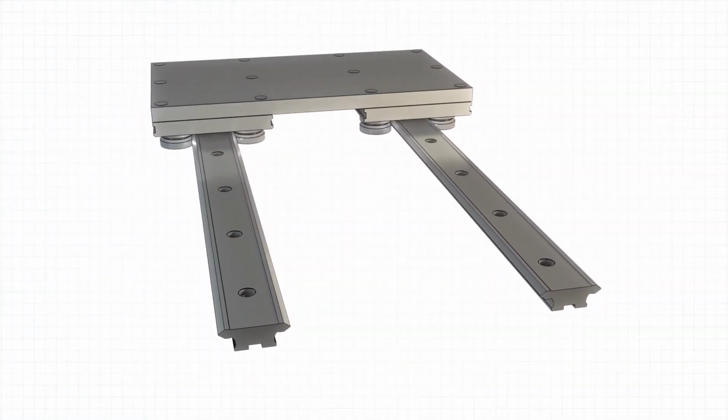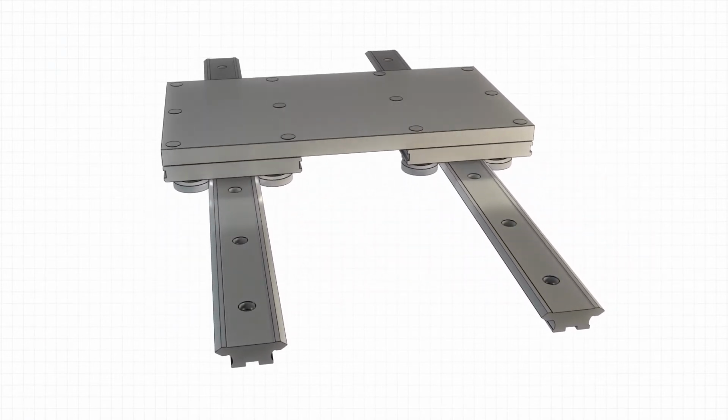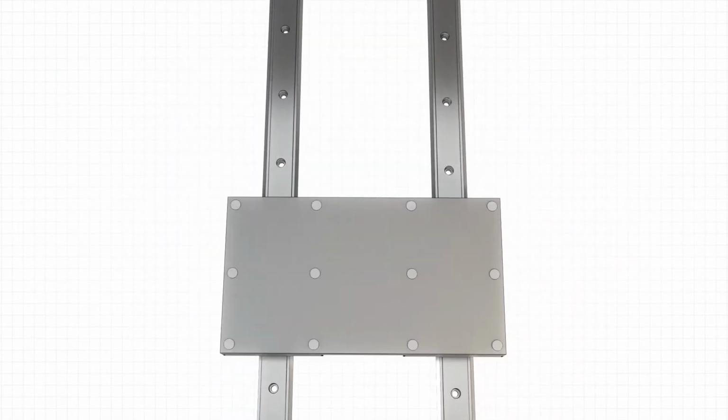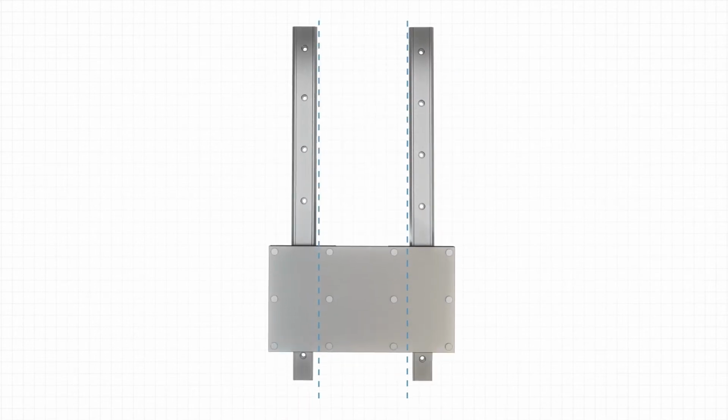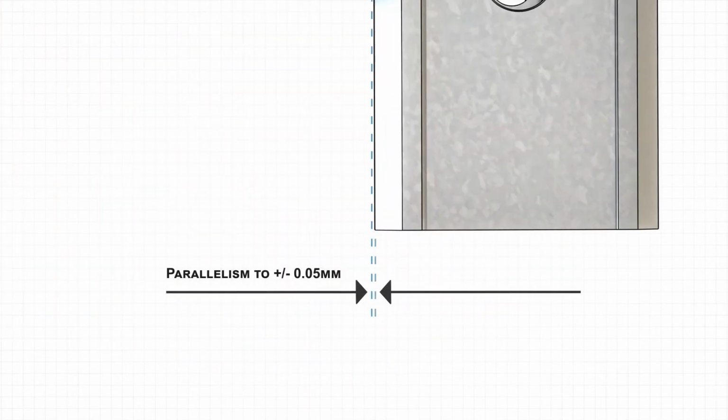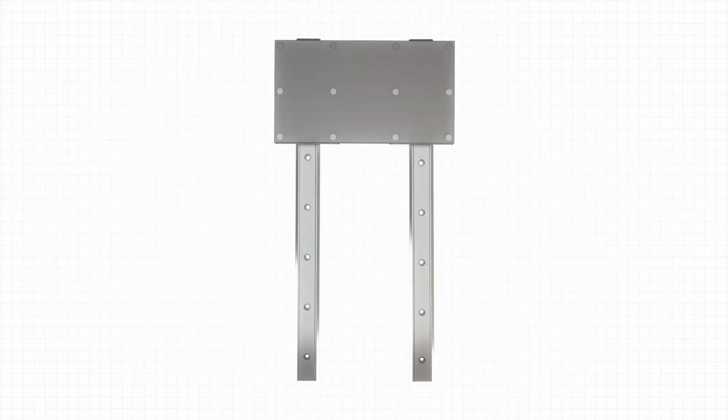Now, if the size of that rail is prohibitive, what you need to then look at is potentially using 2 smaller rails, but run them in parallel. Okay, and that gives you a much greater moment capacity because you're spreading the distance between the bearings. But then you add in some extra complications because of the installation. You're now trying to align 2 rails in parallel. Yeah, 2 elements rather than one.